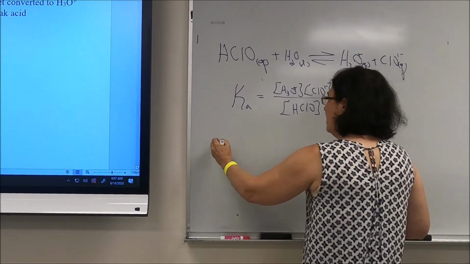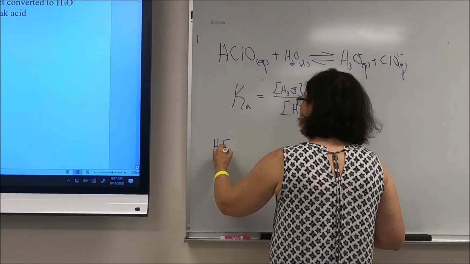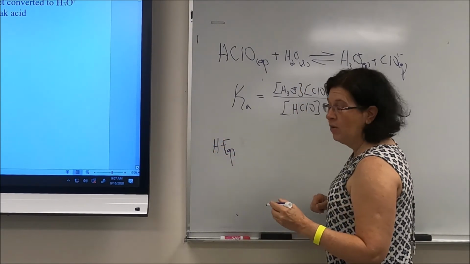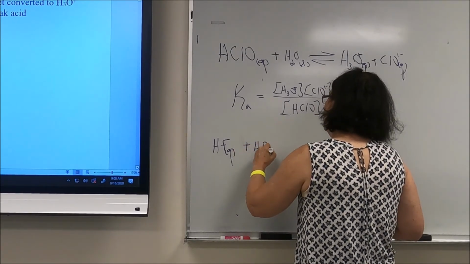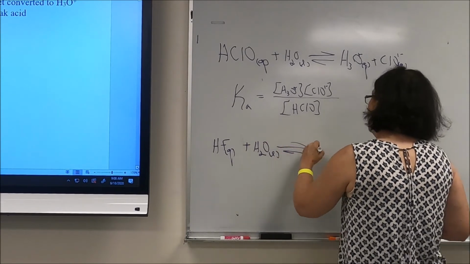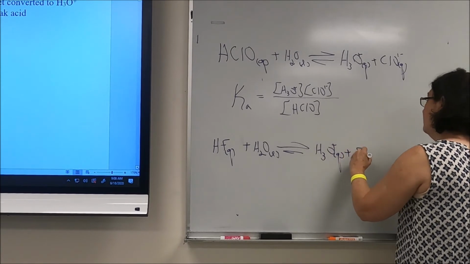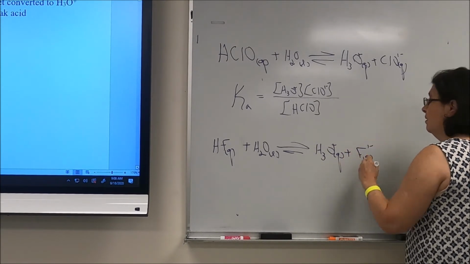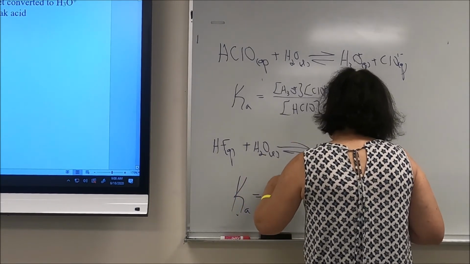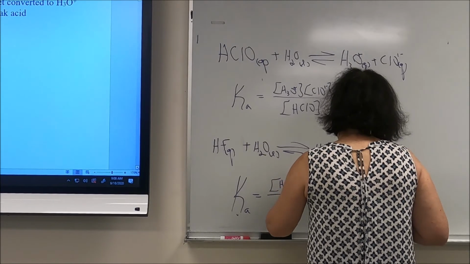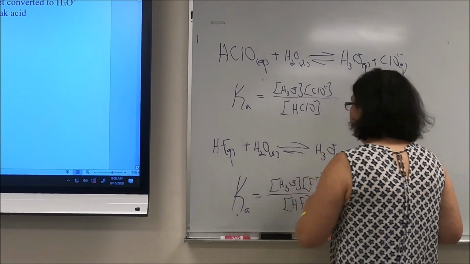Okay? If we had the acid HF, hydrofluoric acid, you may want to go back and remember how you name things. Plus water, liquid, goes to H3O+ aqueous plus fluoride ions aqueous. And the Ka here is hydronium ion, fluoride ion, over HF.